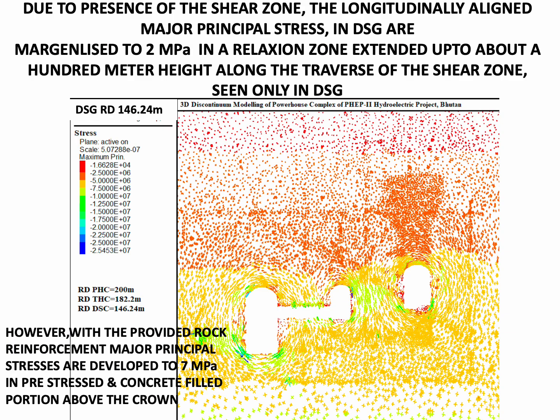Let us review the principal stresses in the downstream surge gallery in its excavated state in a reach starting immediately after the shear zone towards the north in the hanging wall portion.